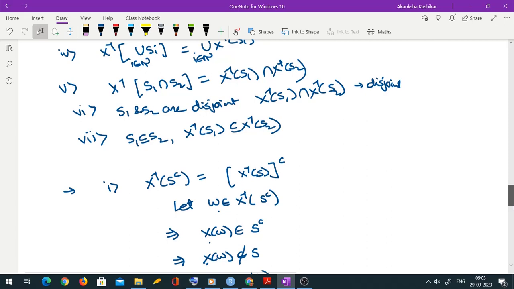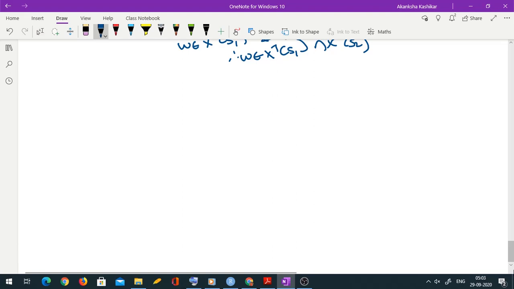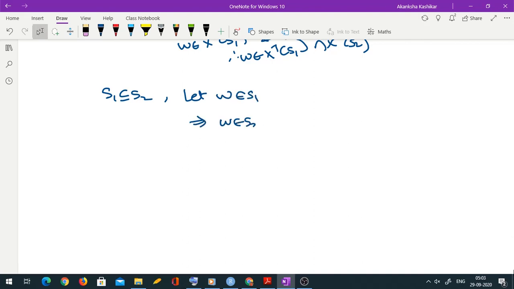And now if S1 is a subset of S2, we want to prove x inverse S1 is a subset of x inverse S2. Okay, so S1 is a subset of S2. So let omega be in S1. That would mean omega is in S2 also. We want to talk about x inverse of S1 and x inverse of S2. Okay, so now I have S1 a subset of S2.